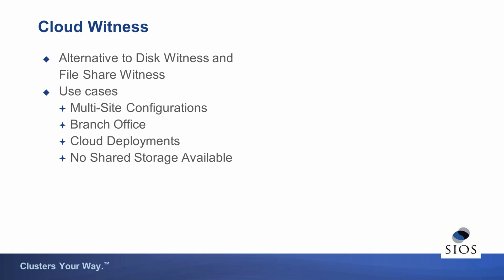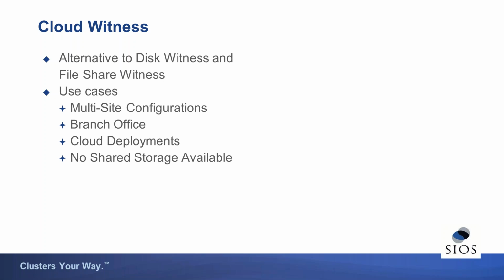So again, it's great for multi-site configurations. Also, I've seen over the years where branch offices want to create a simple 2-node SANLess cluster, maybe a 2-node Hyper-V cluster, or even a SQL cluster, and they didn't want to use a SAN, so they're leveraging some third-party replication solution like DataKeeper to build this 2-node cluster.